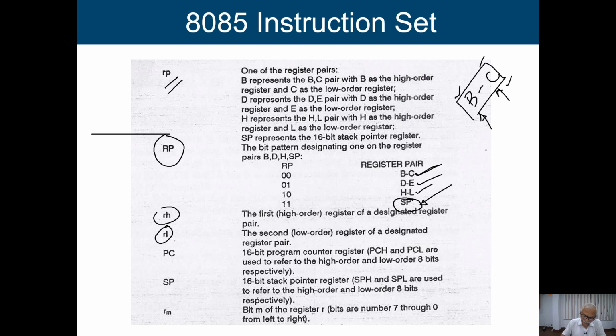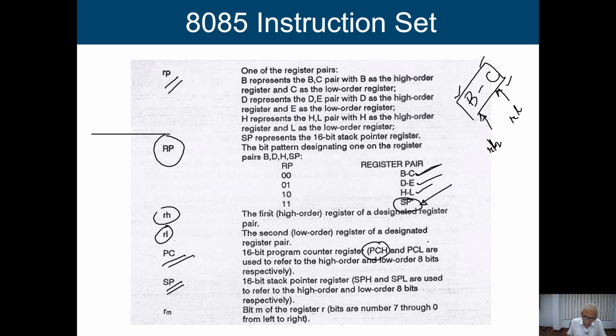So if we write RH or RL, RH may indicate either B, D or H. Okay, and PC is your program counter, SP is your stack pointer, already I have mentioned, and it again has 2 parts.